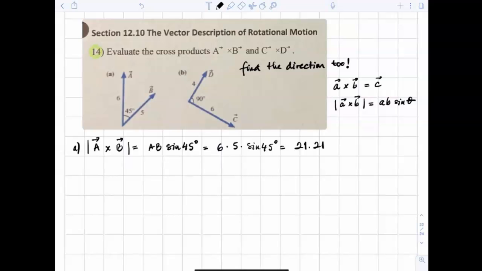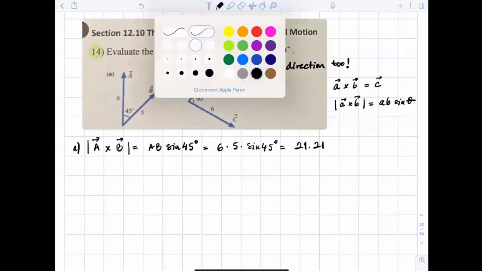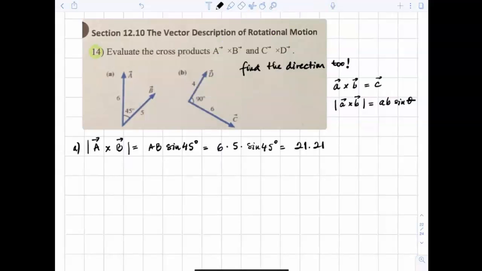Curl your fingers from A to B, because that's the direction of your product. And imagine in order to do that, you have to have your thumb pointing into the page. So in the first case it is into the page.